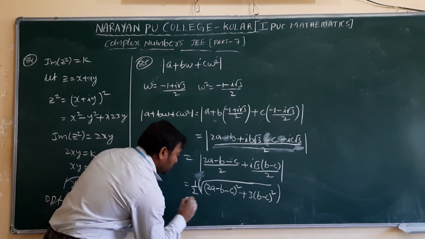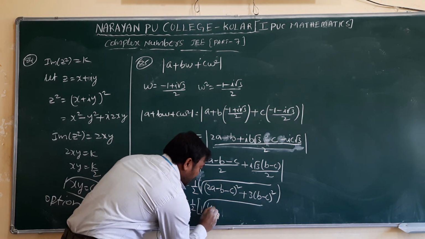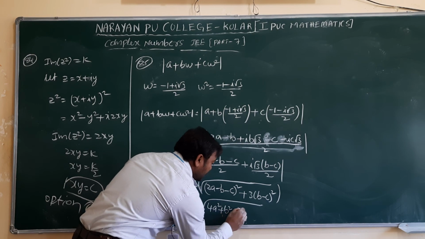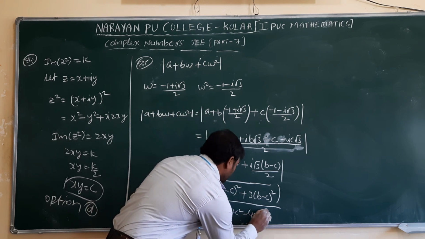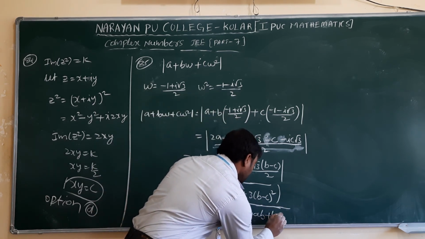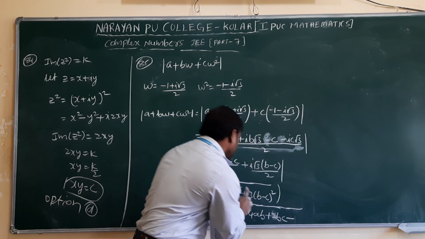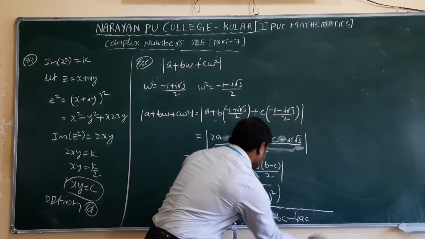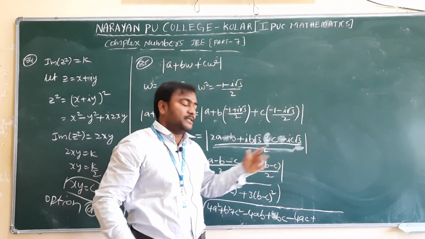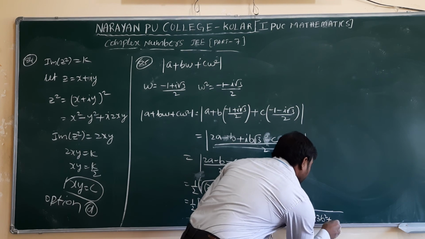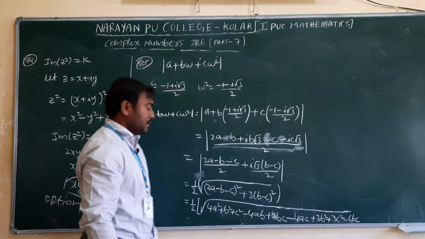Now 1/2 square root of, expanding the formula: 4a² + b² + c² - 4ab + 2bc - 4ac, plus 3 into (b² + c² - 2bc), which is 3b² + 3c² - 6bc.